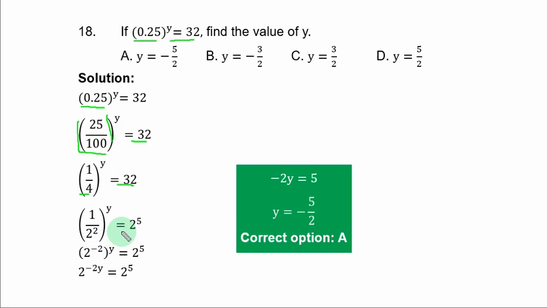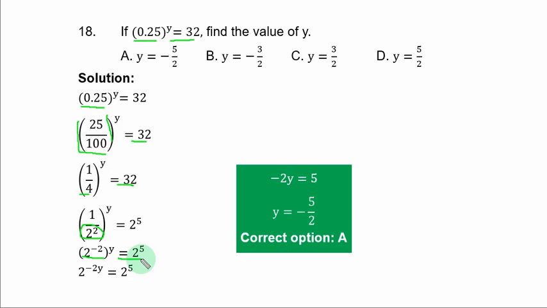Before we can equate the bases, they must be at the same level. So if you reverse this by negative index, if you take 2 up, you have 2 to the power of minus 2, then power of y equal to 2 to the power 5.